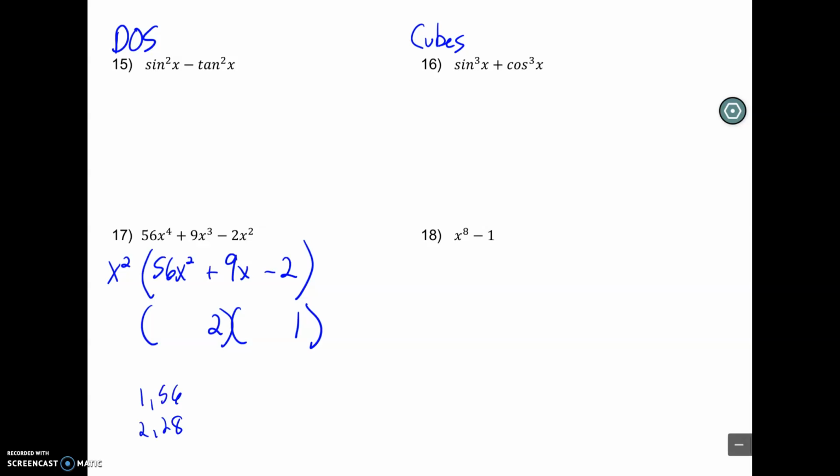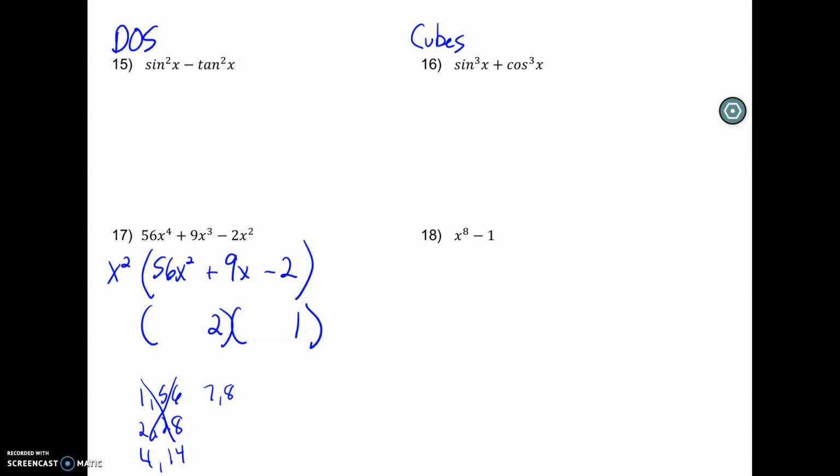We've got 2 and 28. That's probably too big. We've got 4 and 14. Could be onto something there. And then I know 7 and 8. I bet these 2 are too big. So it's either 4 and 14 or 7 and 8.